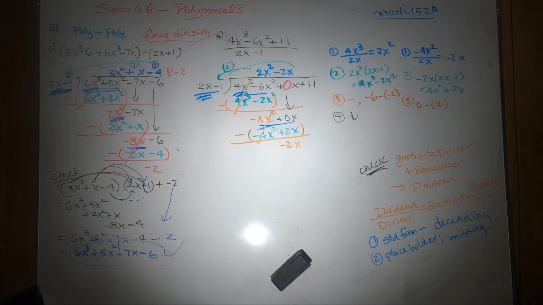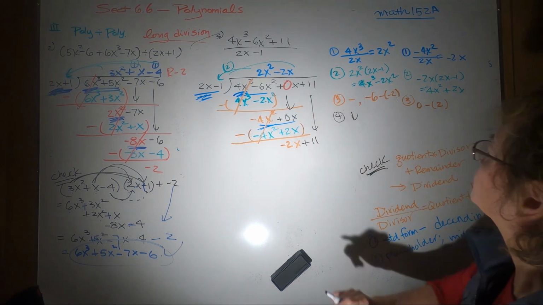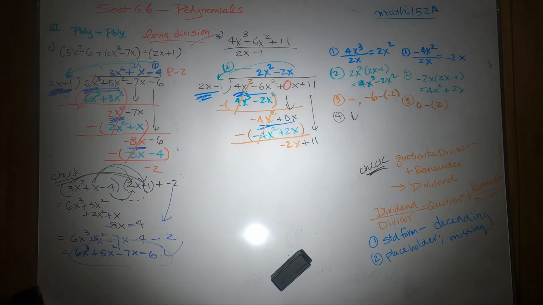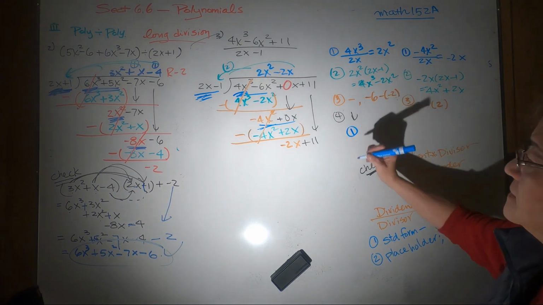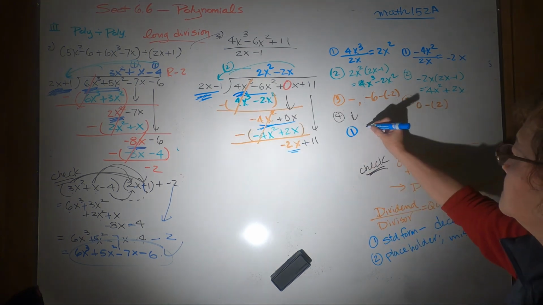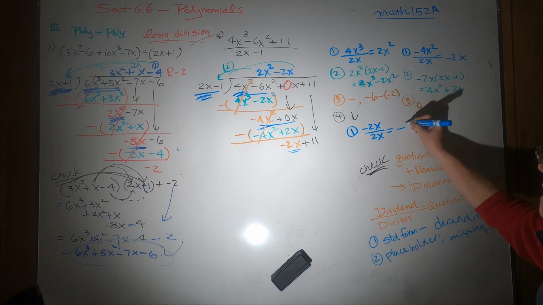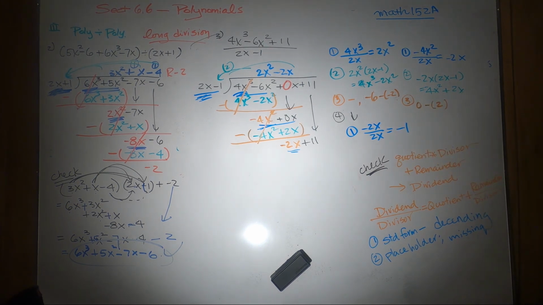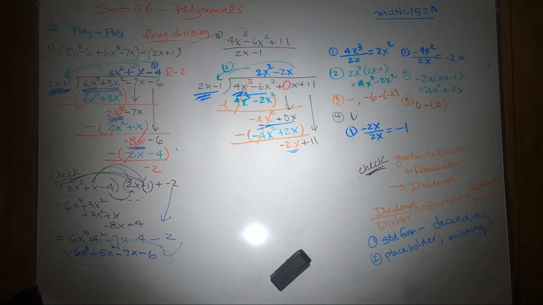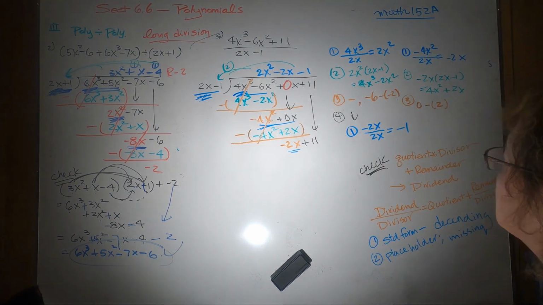Then next step, you drop down the plus. Then do it again. You compare first term to first term. Negative 2x divided by 2x is negative 1. Is that right?